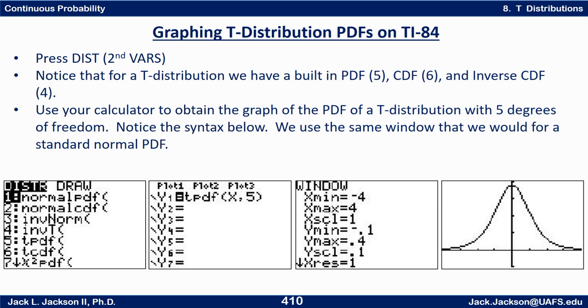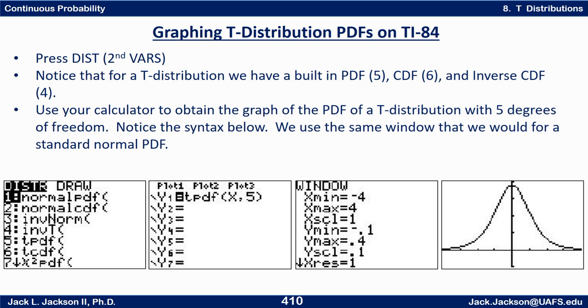That's sort of the ideal situation, to have a CDF, a PDF, and an inverse all available. Now, some of the older TI-83 calculators, in particular, may not have the inverse T, and I'll show you a way to get around that if you don't have it.